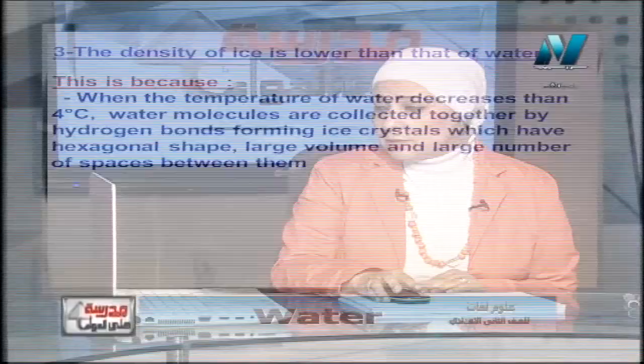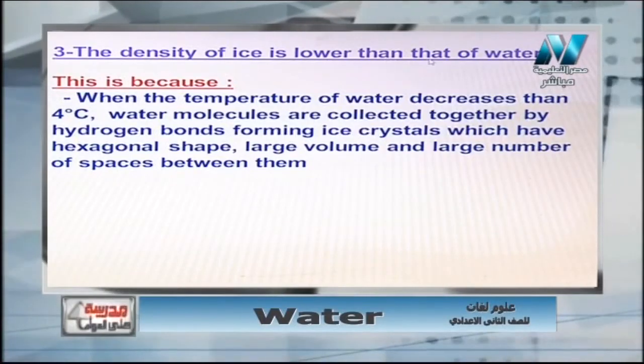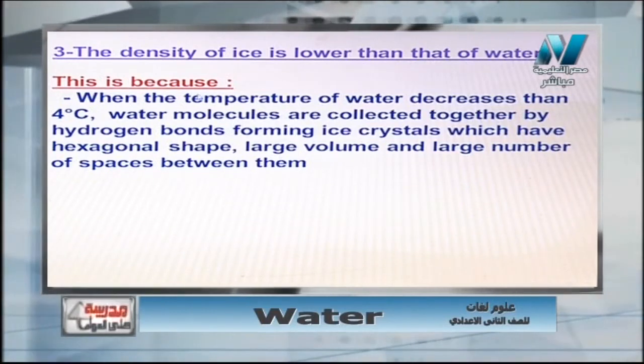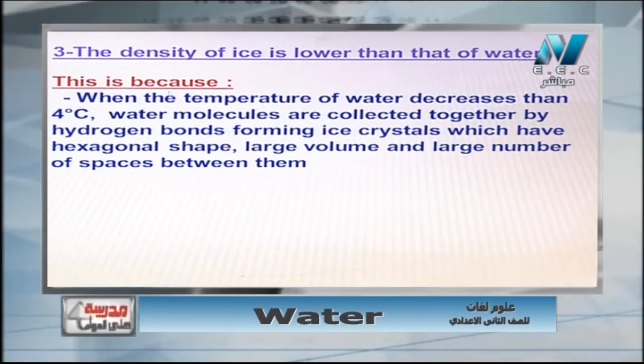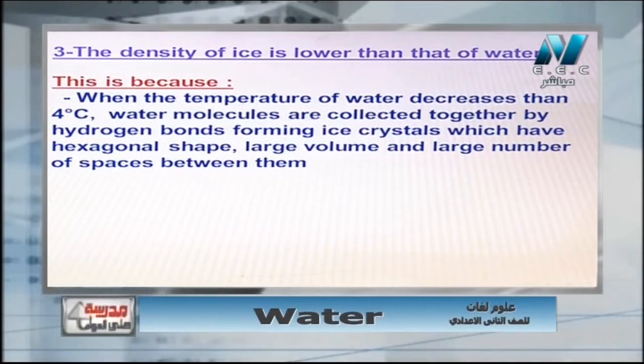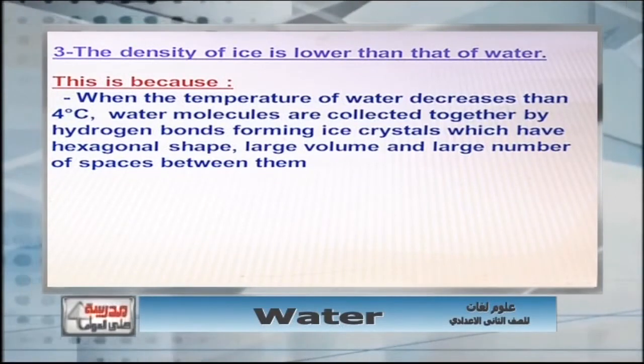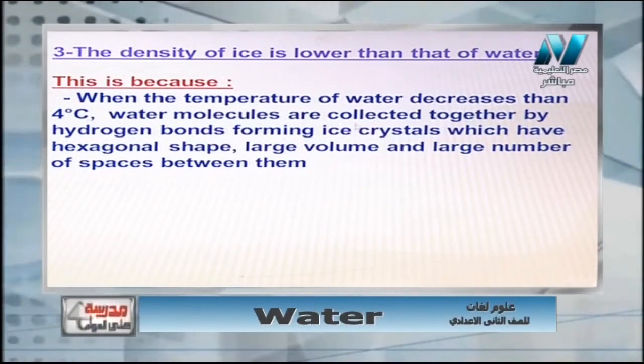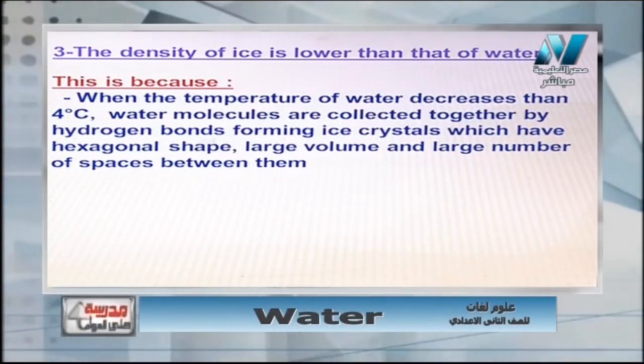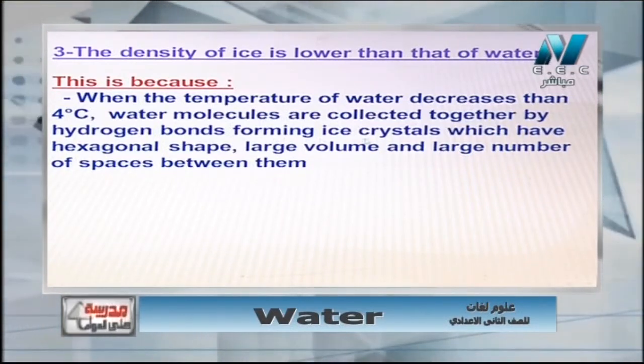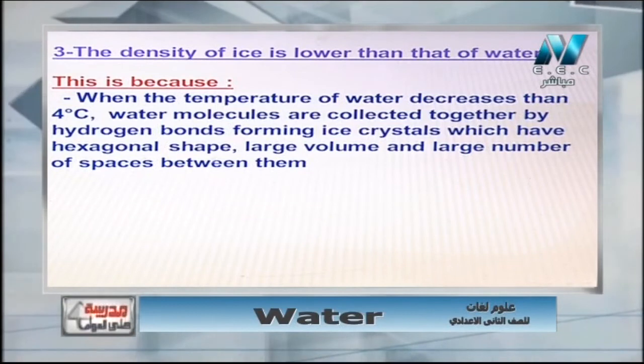Okay, let's see a diagram of the crystal that forms at 4 degrees with water. Here, the density of ice is lower than that of water. Why? This is because when the temperature of water decreases to 4 degrees, water molecules are collected together by hydrogen bond, forming an ice crystal which has a hexagonal shape.